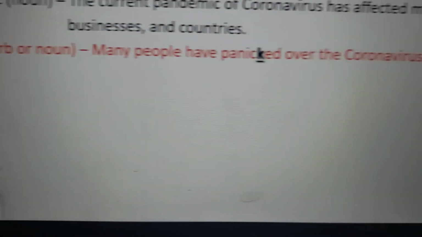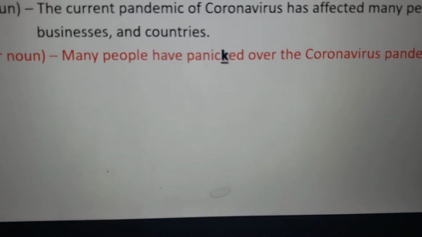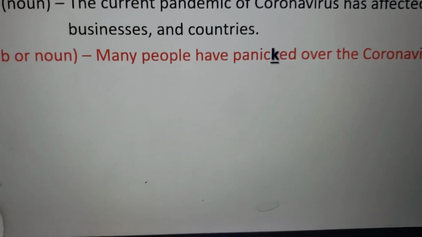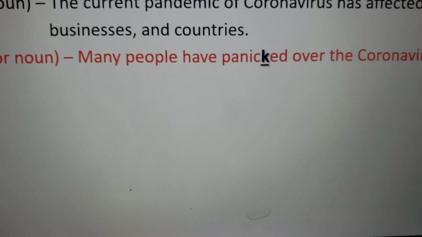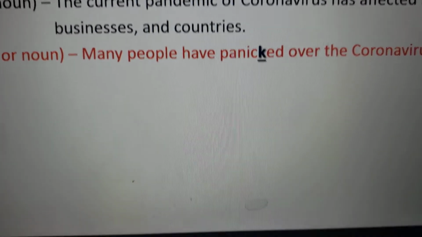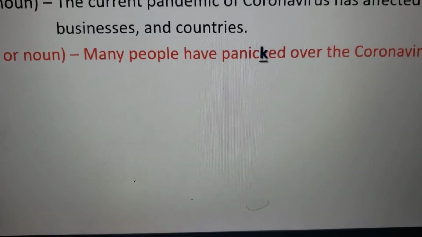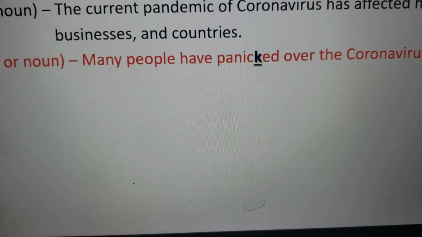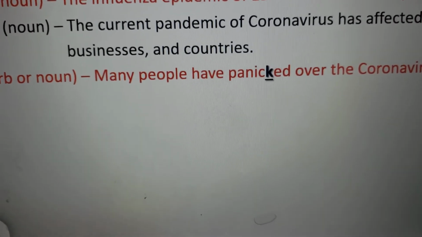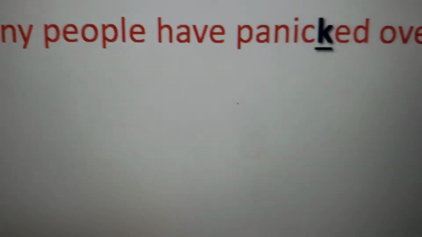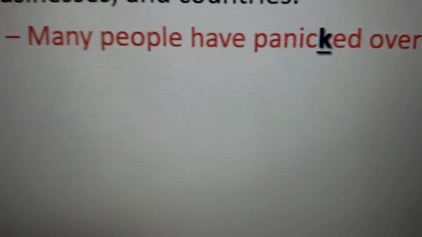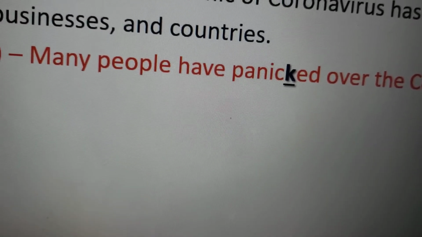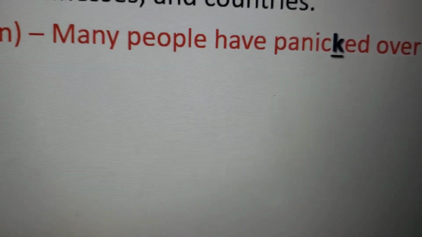Panic: many people have panicked over the coronavirus pandemic. Remember, the original verb is spelled P-A-N-I-C. However, when we pronounce it, we say panic, not panics. So we need to add the K to the verb when it's in the simple past, past progressive, present progressive, or past participle.